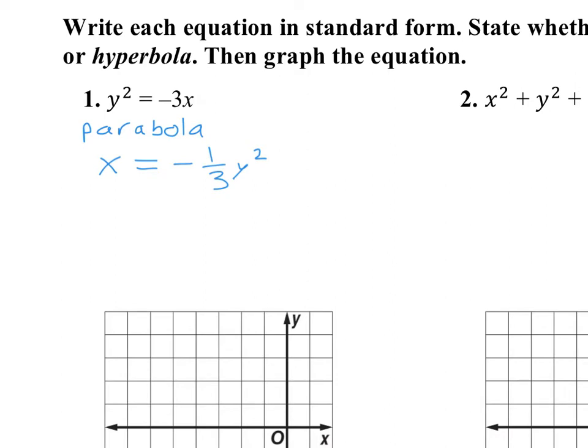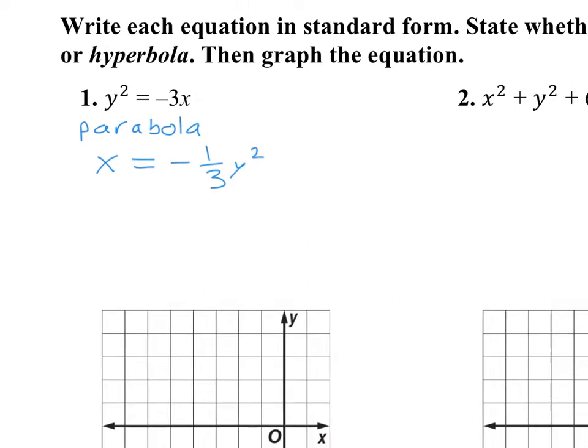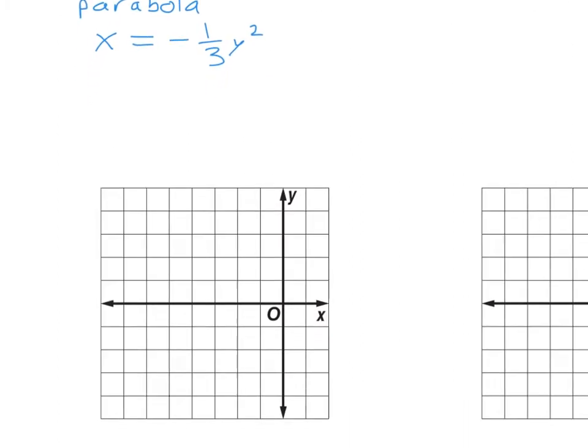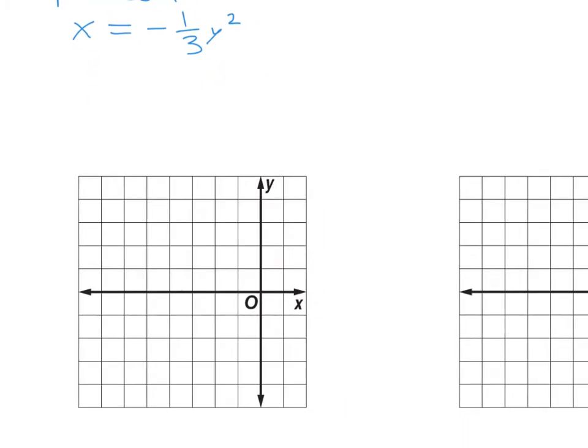This has a vertex at 0, 0. Because x is isolated, I know that this opens sideways. So vertex at 0, 0, and now we do the pattern. Remember the normal pattern is 1, 3, 5, and these will all get multiplied by 1/3.